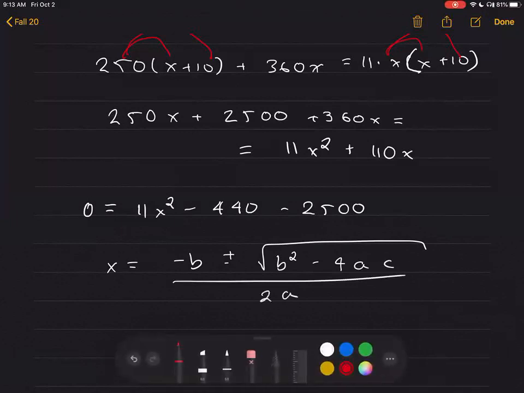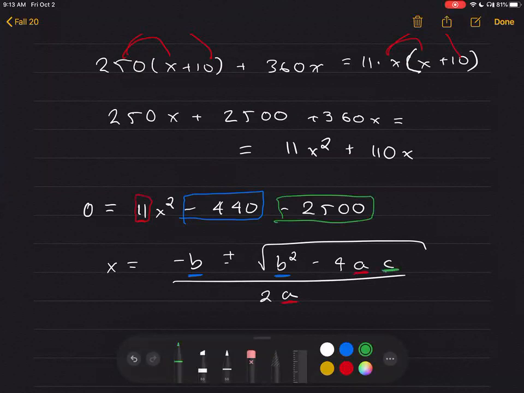In our quadratic, a is 11, b is negative 440, and c is negative 2500.